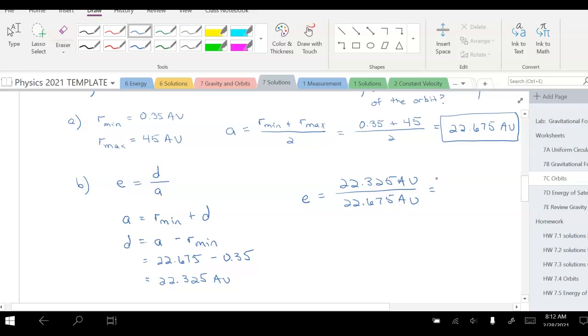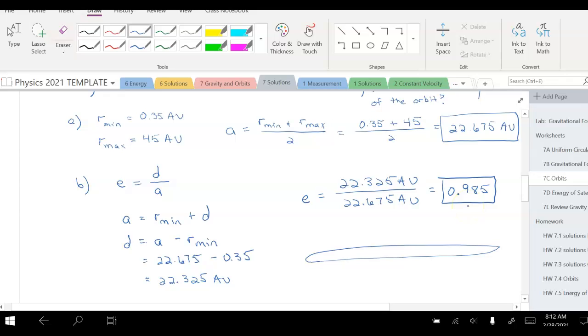And so we could just find that ratio and we'd get 0.985. So this is a very long, flat elliptical orbit. It's very far from circular.